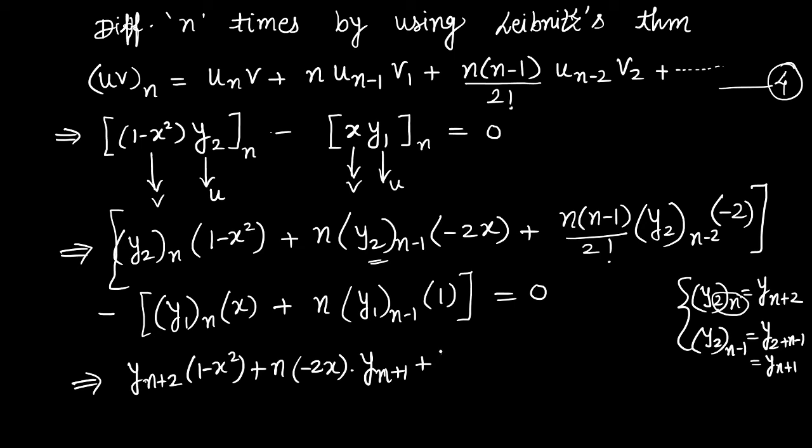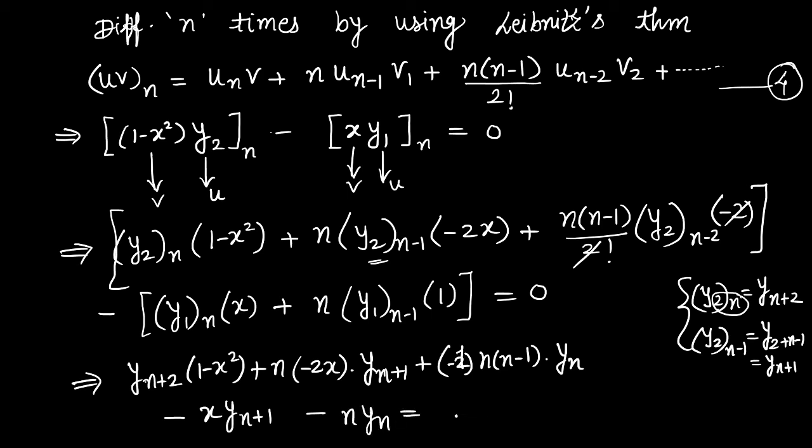Next term, the 2 gets cancelled, with negative sign, minus 1 into n minus 1 into y, here 2 plus n minus 2, that means yn. Now next term is minus x into yn plus 1, minus n yn. Its value equals 0.